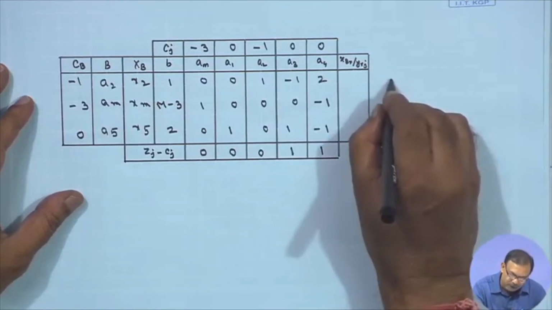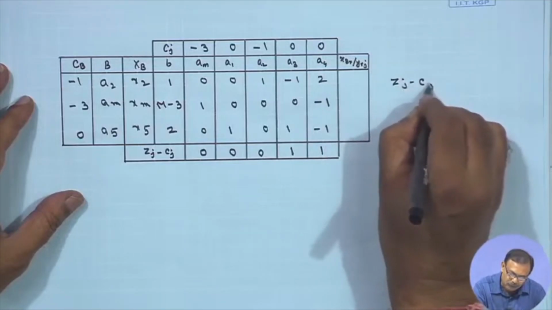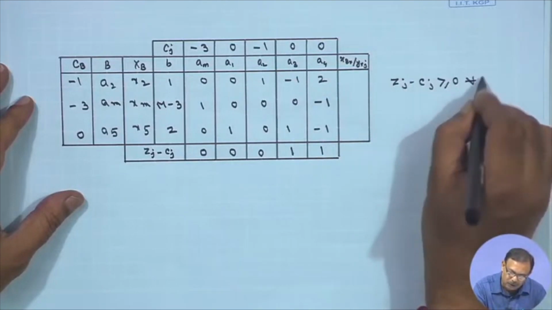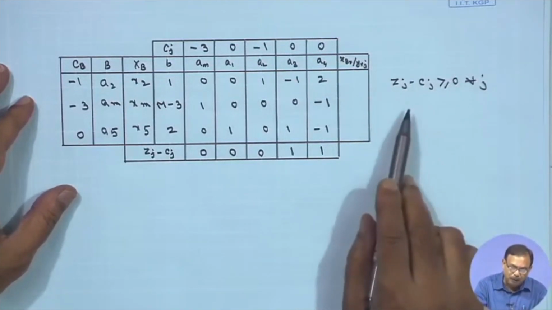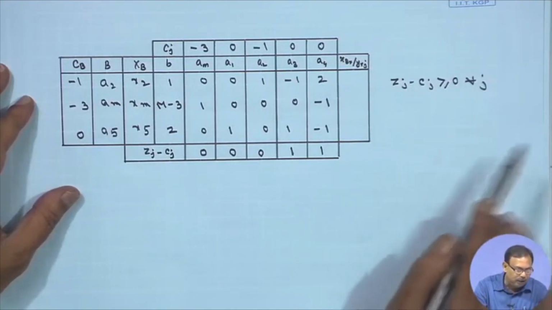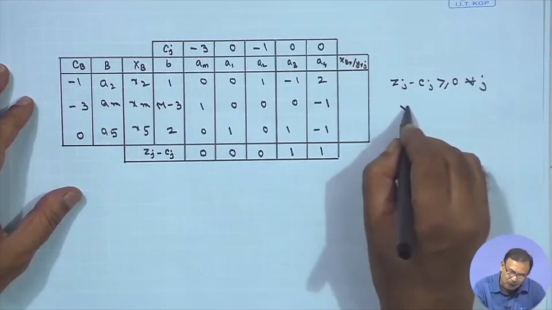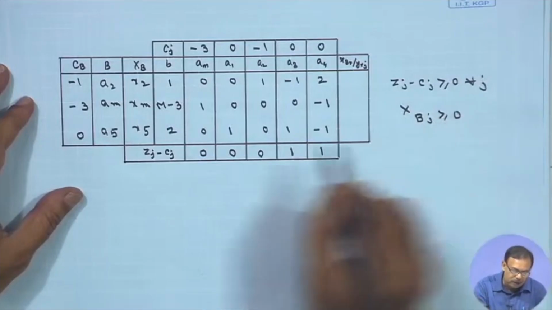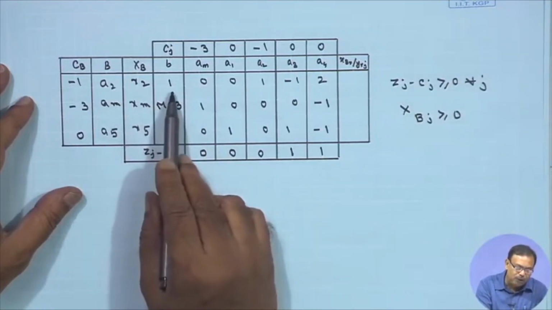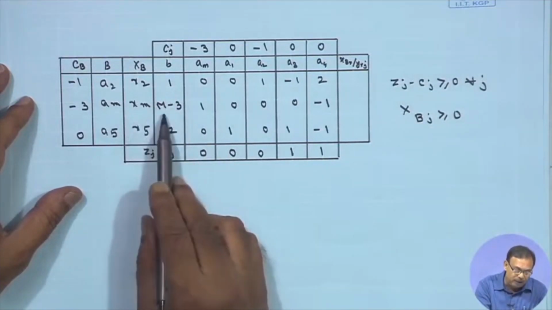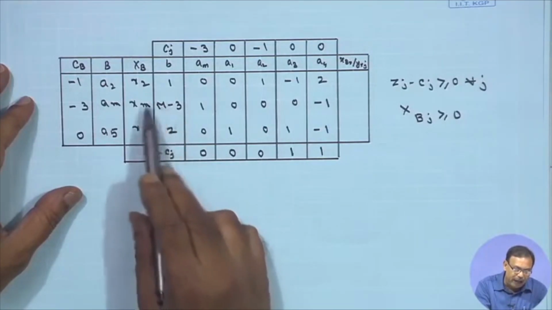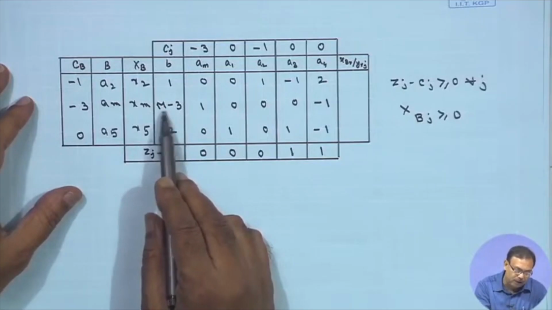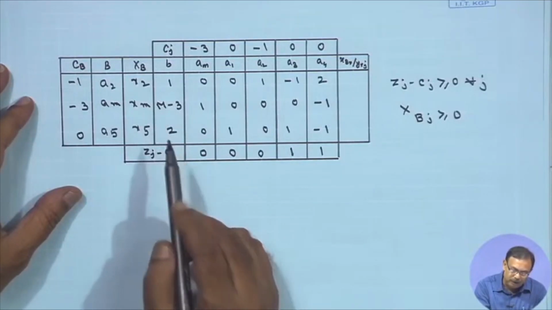So, now you see your zj minus cj is greater than or equal to 0 for all j. For this problem, zj minus cj is greater than or equal to 0. Your xBj is greater than or equal to 0: x2 value is 1, xm is M minus 3, where M is sufficiently large, therefore xm will also be greater than or equal to 0, and x5 is 0.